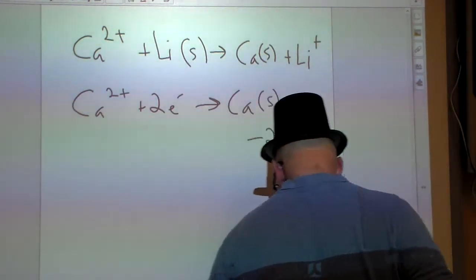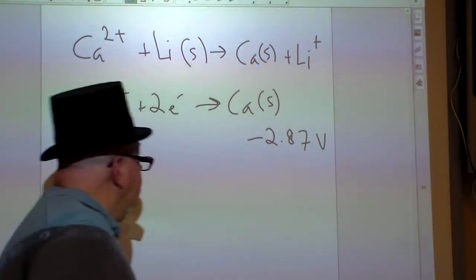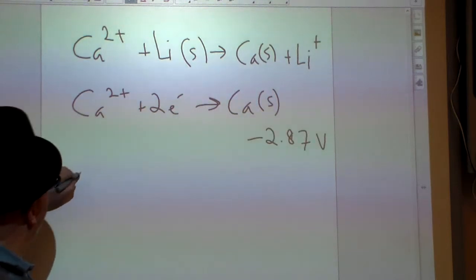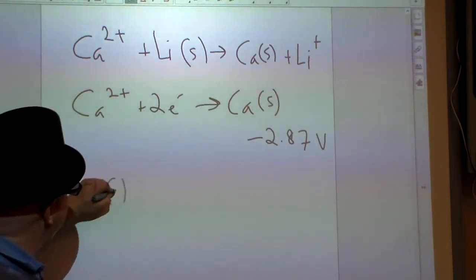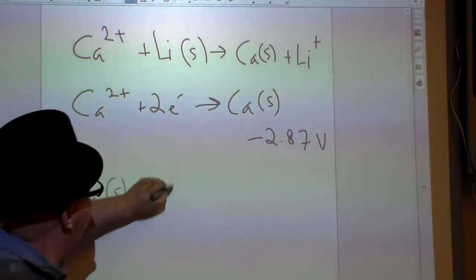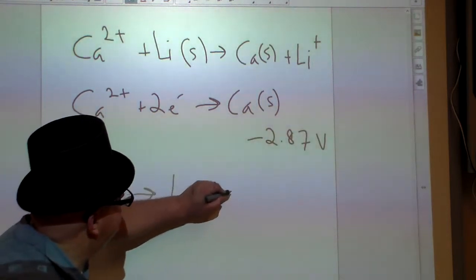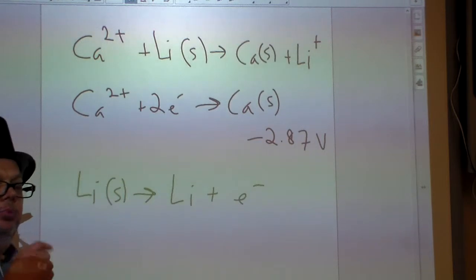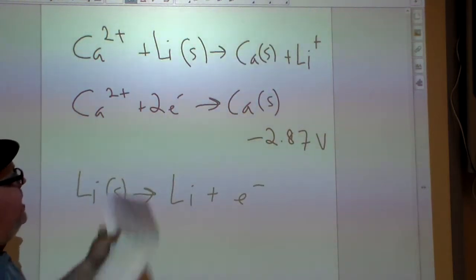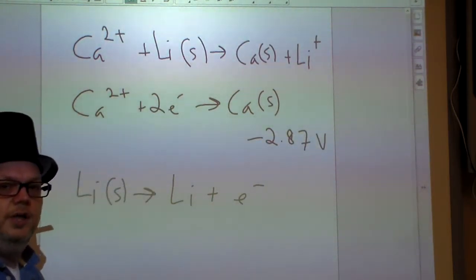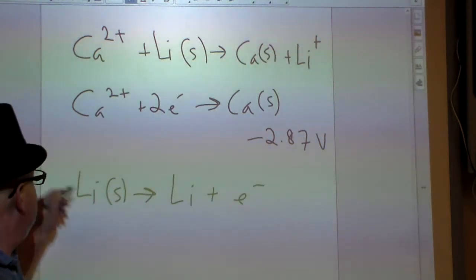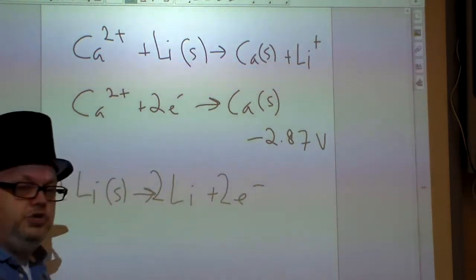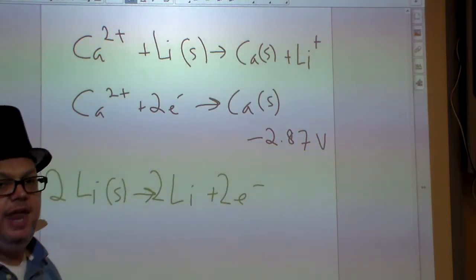But now let's take a look at the lithium. Notice that it's going from Li, that's a solid, that lithium bar, to Li plus 1 electron. Now, I would like to point out something. You'd say, but wait a minute, the calcium needs 2 electrons. Correct, it does. So essentially what you need to do is make this a 2 to balance it out.